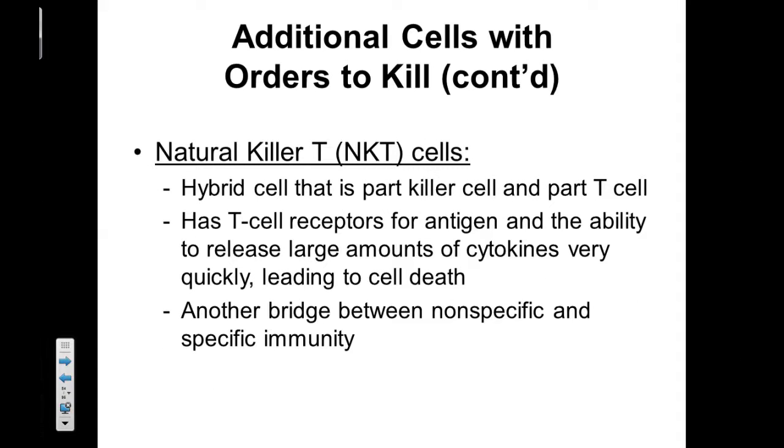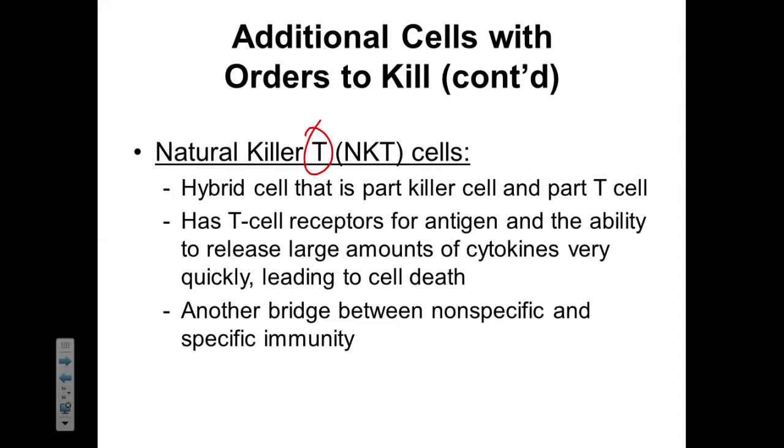But then we also have natural killer T cells, NKT cells. These natural killer T cells are hybrids between the natural killer cells and cytotoxic T cells. These natural killer T cells will have T cell receptors for a specific antigen and release very large amounts of cytokines very quickly.